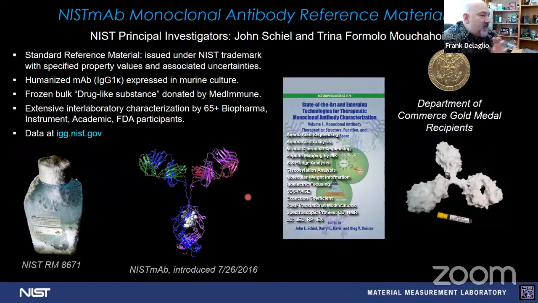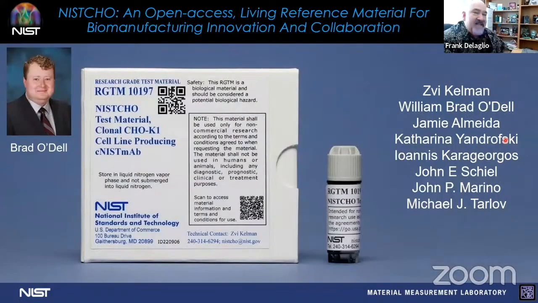And so these two things have led us at NIST, where we like to develop measurement methods and reference materials, to develop two important reference materials. One is the NIST mAb, a monoclonal antibody reference material. And then more recently, the NIST CHO, a CHO cell that has been engineered to express the NIST mAb in pharmaceutically relevant qualities.